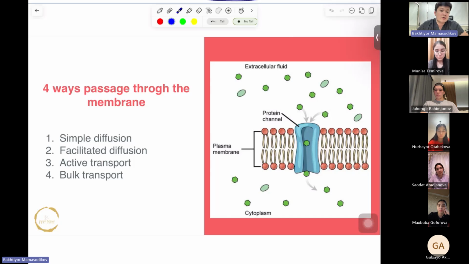So molecules from the outside of the cell are going to go inside of the cell, and this process is also called diffusion. We have the types of diffusion: passive diffusion, facilitated diffusion, active transport, and bulk transport. So we're going to learn all of them in the next lecture.